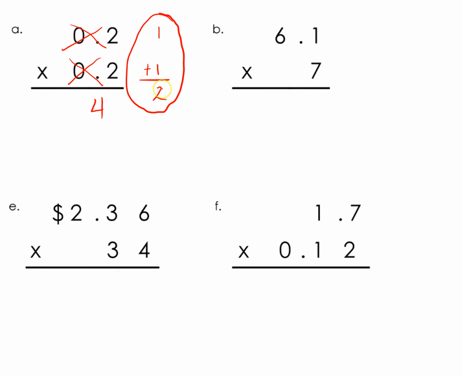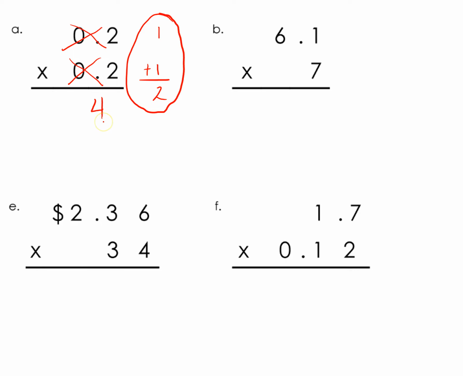We need to move the decimal over 2 places to the left. And you say, well, there is no decimal on the number 4, Mr. Music. Well, every whole number, 4, 5, a million, 7, can be written as a decimal, 4.0 or 5.0 or a million.0, which means there's a hidden decimal right behind the 4.